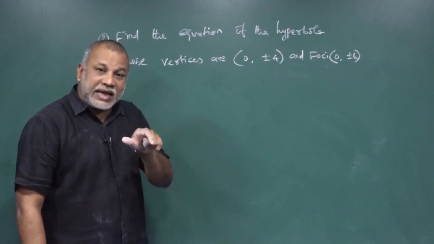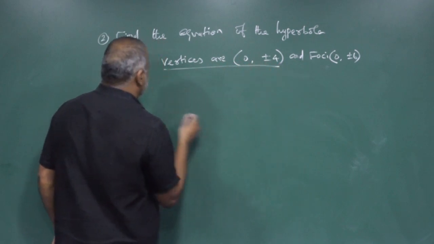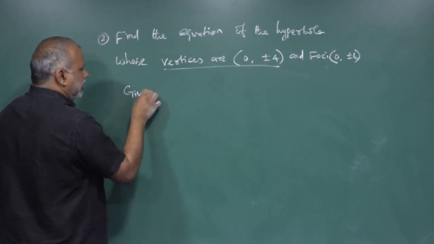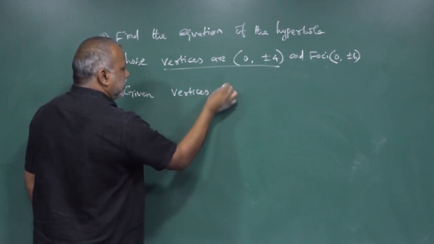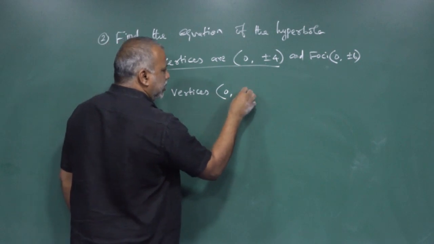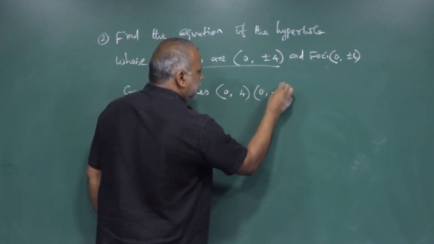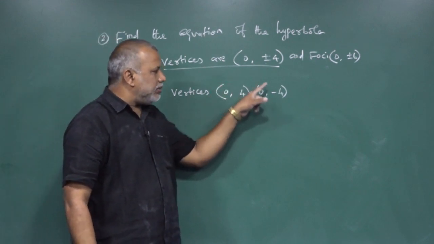Just now we worked out the second type of equation. In that second type, see the concept: given vertices 0, plus or minus 4, I can write like this, 0, positive 4 and 0, negative 4.